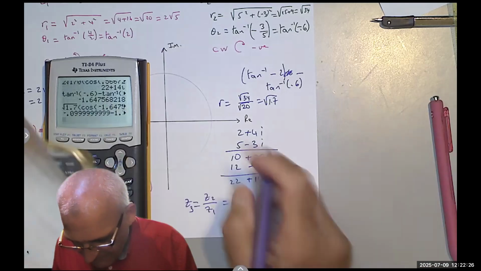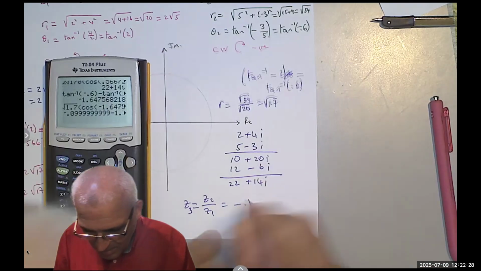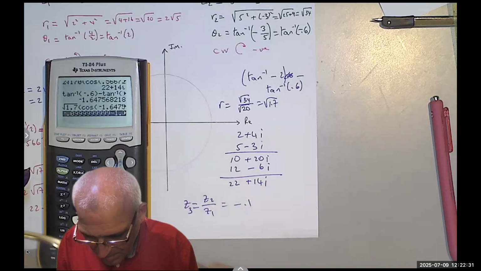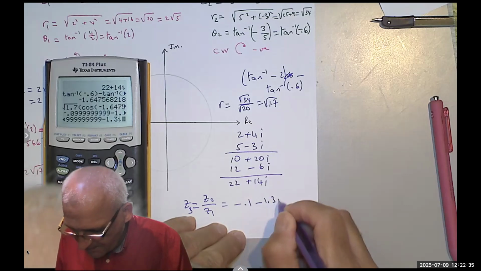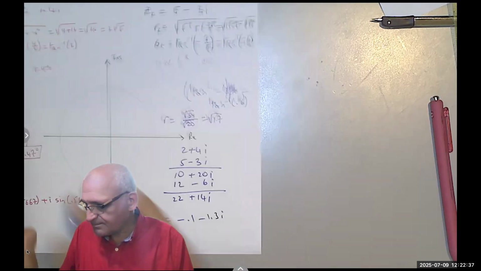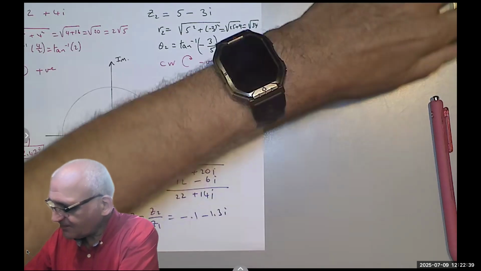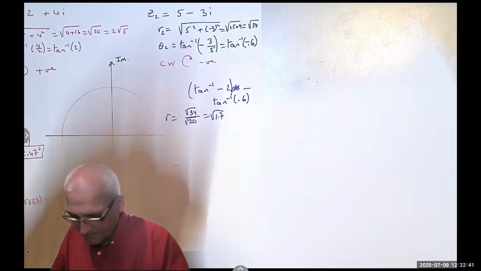I get negative 0.1 minus 1.3i. Let me check that for you.